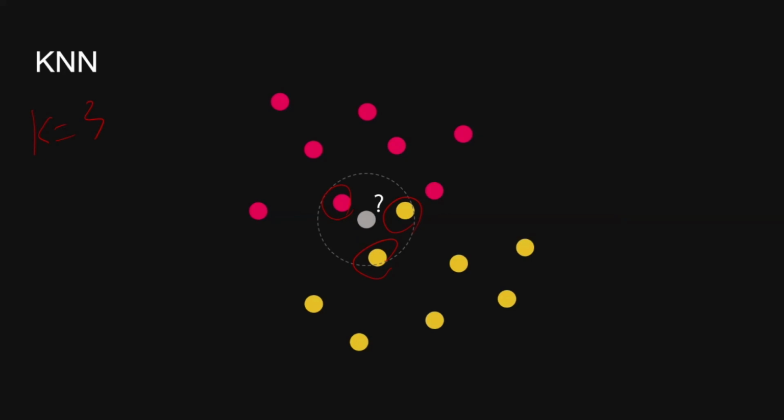We have 3 neighbors, k neighbors. We have 1 vote cast for dog, and 2 votes cast for cat, and therefore my classification on this new data point is going to be cat.